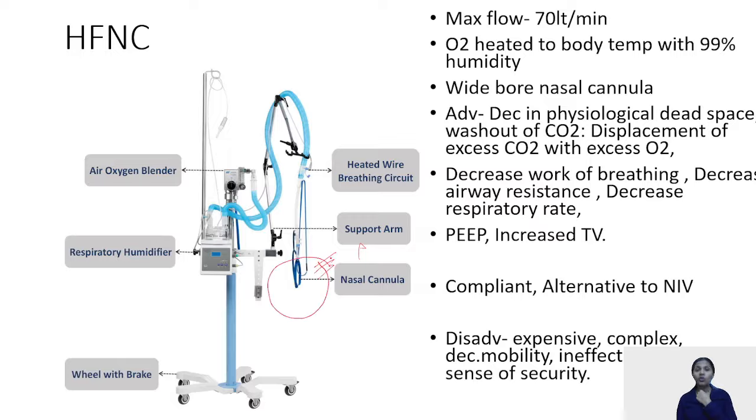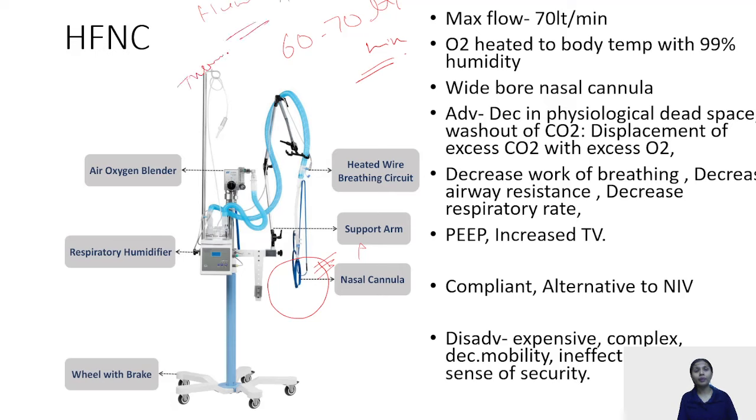What is special is that it has a very high flow rate. The flow rate that can be delivered through HFNC is 60 to 70 liters per minute. The oxygen that we get from HFNC is humidified, and the temperature is also maintained according to the body temperature.